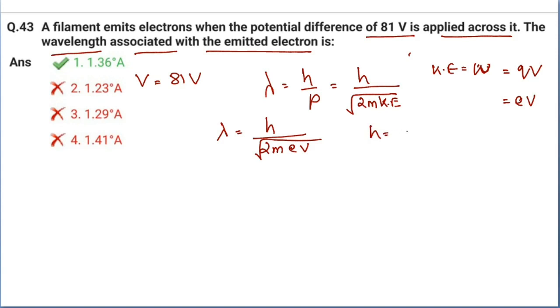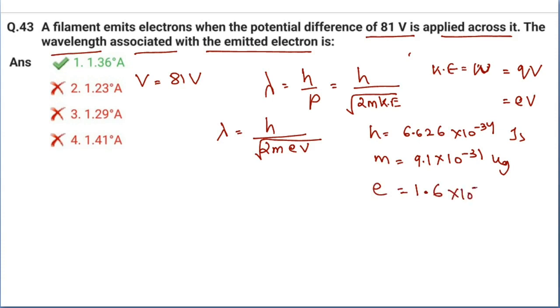Here h is Planck's constant, whose value is 6.626 into 10 to the power minus 34 joule second. Then m, the mass of the electron, is 9.1 into 10 to the power minus 31 kg. Then the charge of the electron is 1.6 into 10 to the power minus 19 coulomb, and V is given as 81. By putting all these values, we can find the value of lambda.